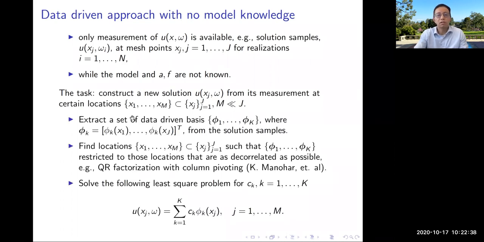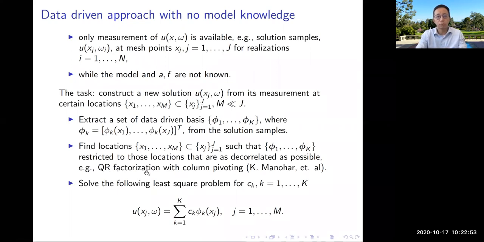The philosophy is very similar because you're still using all the measurements you have. You do PCA, find the leading eigenvectors and the eigenvalues. The leading eigenvectors are the basis.